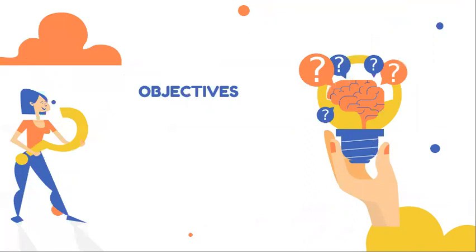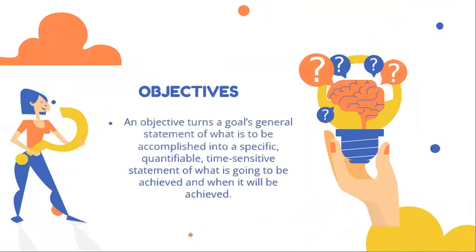Next one is the objectives. An objective turns a goal's general statement of what is to be accomplished into a specific, quantifiable, time-sensible statement of what is going to be achieved and when it will be achieved. So kung meron tayong goals, the objectives is more specific kung paano natin ma-achieve yung goal na sinet natin.